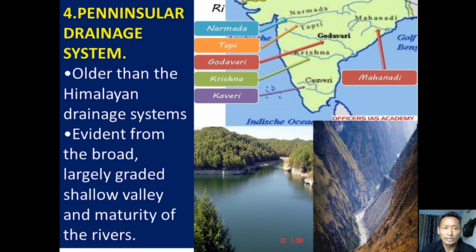Because of these reasons, we can say that the Peninsular river systems are much older than the Himalayan river systems.